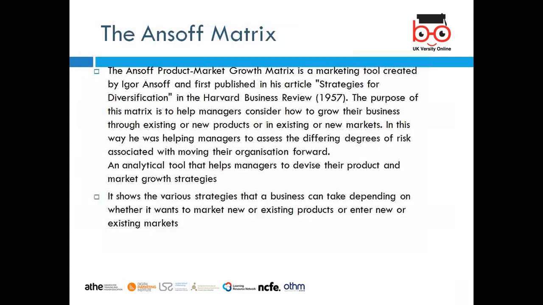And then we learned about the Ansoff matrix. The Ansoff growth matrix is a marketing tool to create goals, where we need to look at diversification of the product to meet enhancement, market development, and product development, which we'll go through on the next slide.